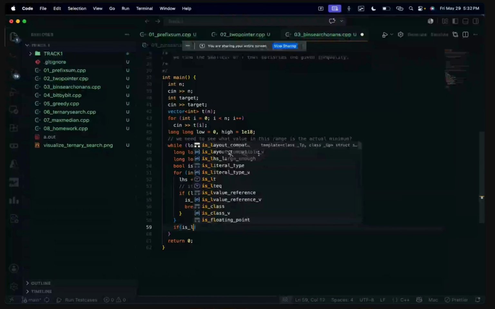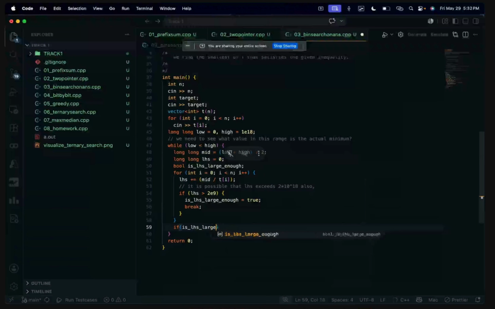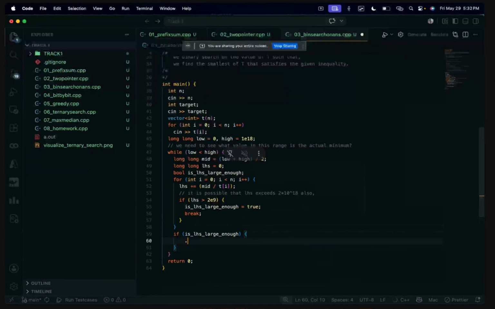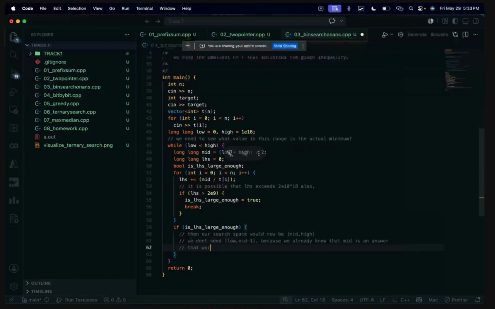So if the LHS is large enough, then our search space would now be from mid to high. We don't need the range low to mid minus 1 because we already know that mid is an answer that works. That mid produces an LHS which is large enough. So we set our low to be mid.